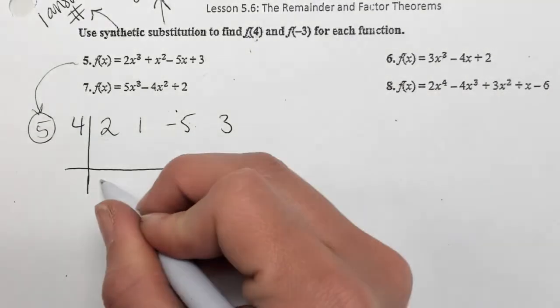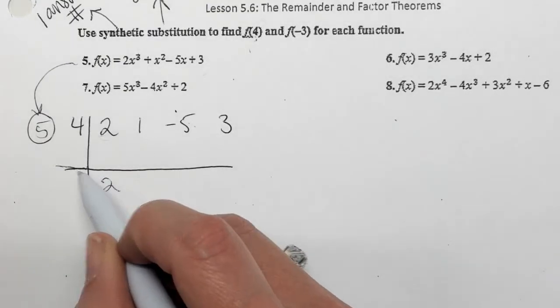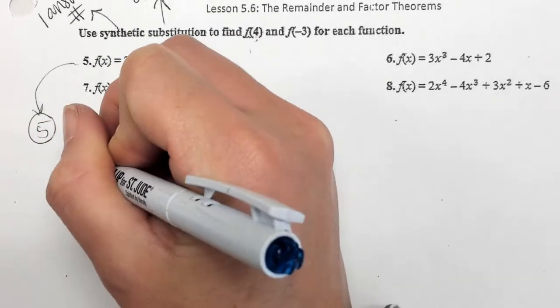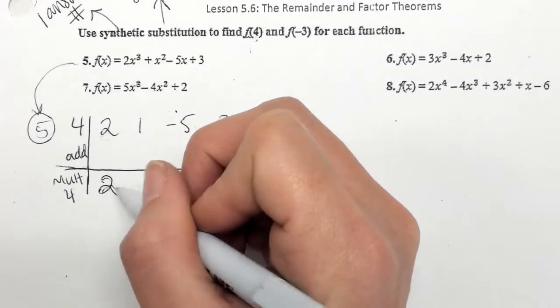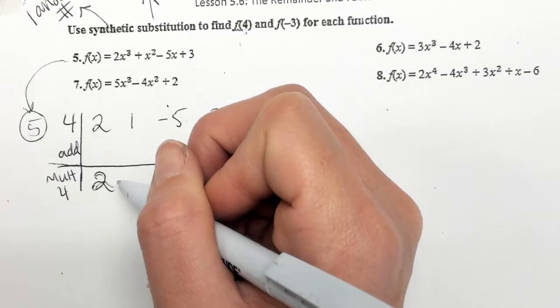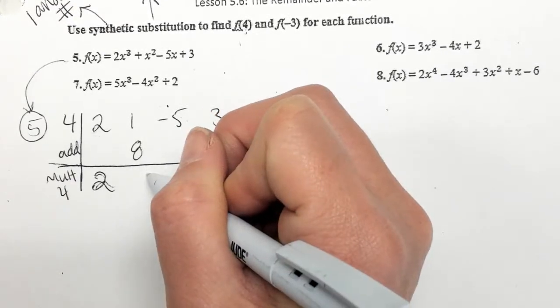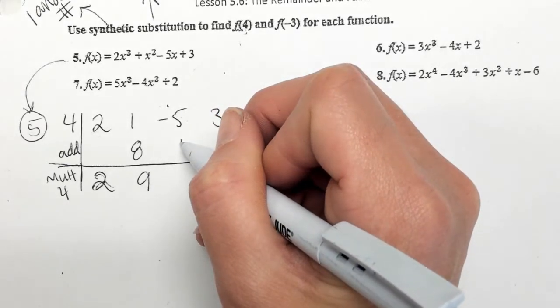Do y'all remember what goes here? Everything under this line, we are doing what to it? Everything above the line? Good. So we're multiplying this by 4. That's going to give us what? Where do we put it? Good. What goes here? And here? Good.